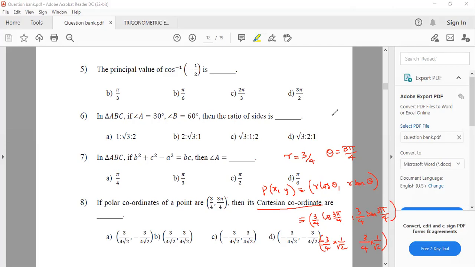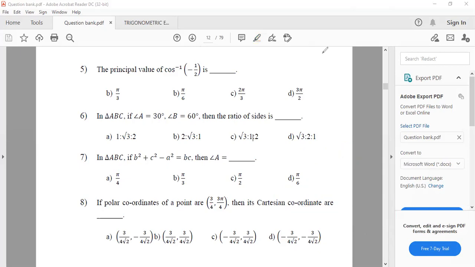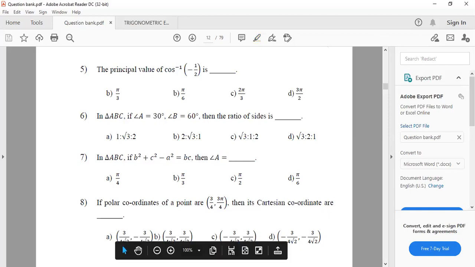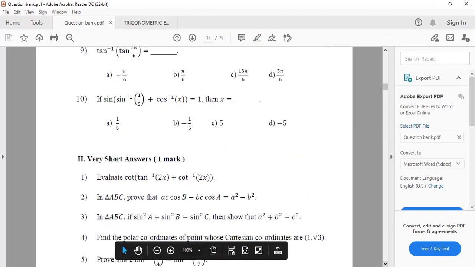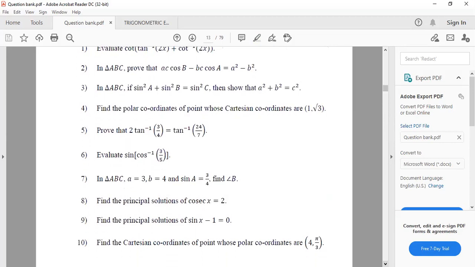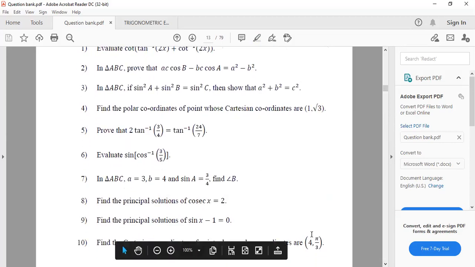Okay, let's check any other question on polar coordinate. Yes, give me the answer for this.